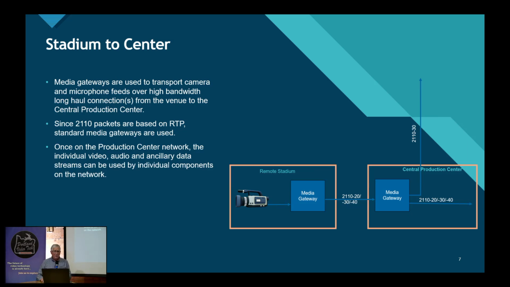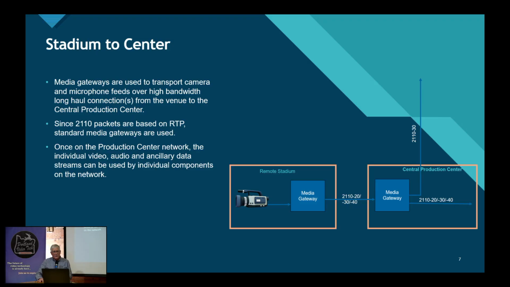You might be going 1,000 miles or more on these long haul connections. Since 2110 packets are based on RTP, they pass through these standard media gateways just fine. And once on the production center network, the individual video, audio, and ancillary data streams can be used by individual components on the network.